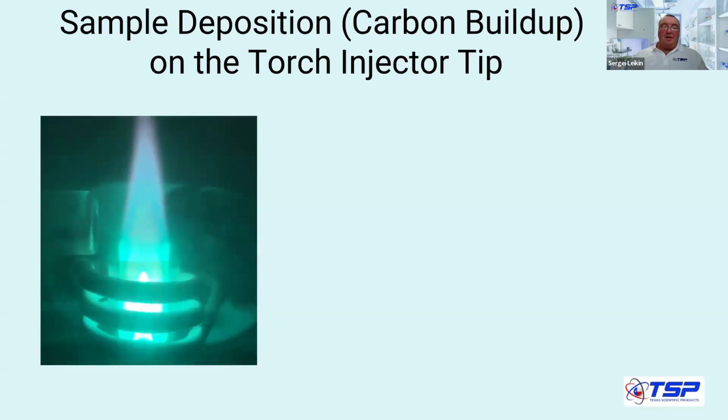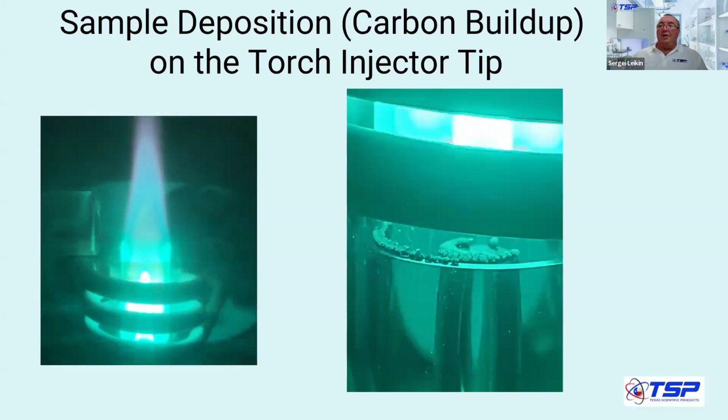And then when you start to look a bit closer at your torch and your injector, you see a carbon buildup right there. So what happens? This is typically what users experience when they switch from aqueous to organics without adjusting any parameters.